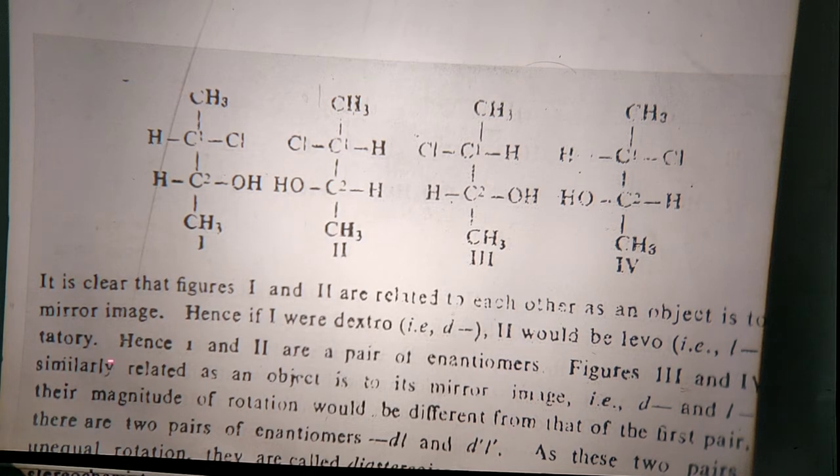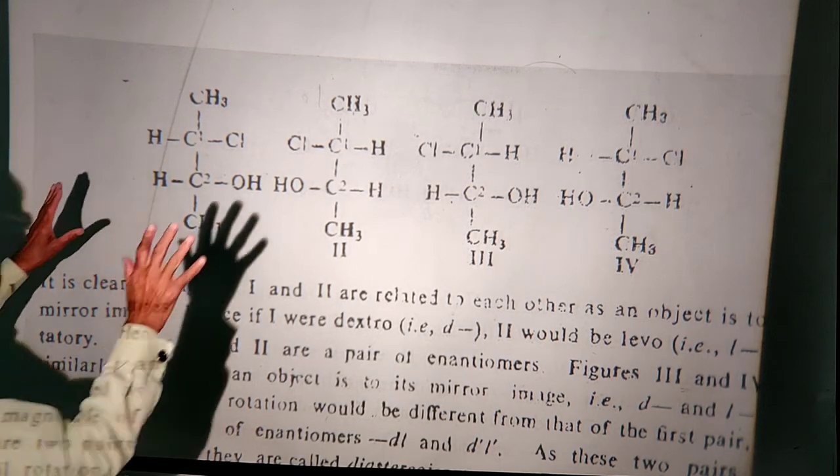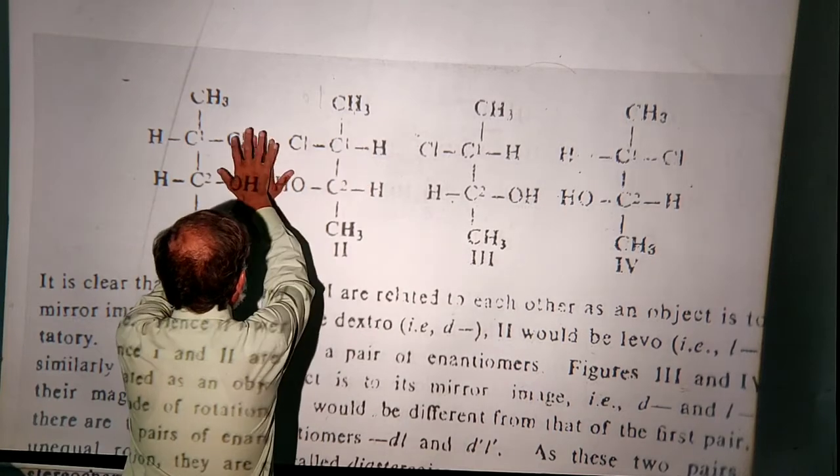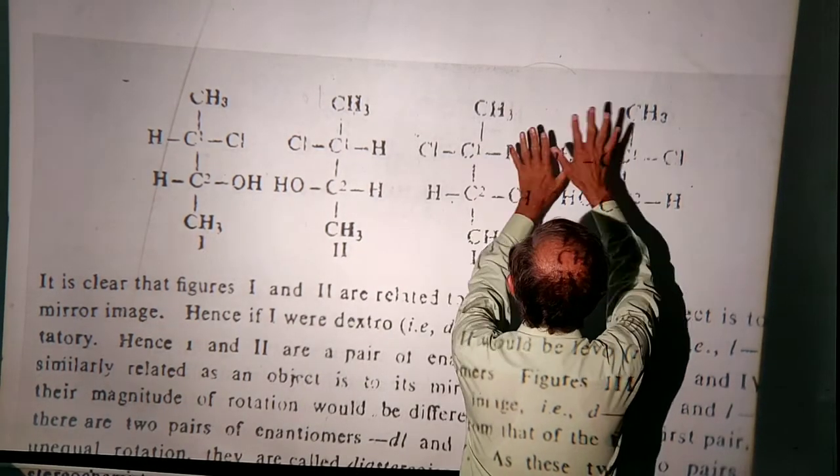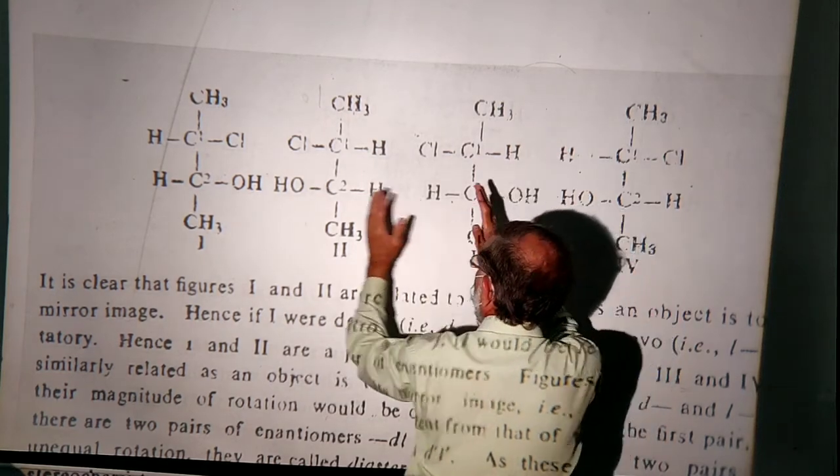Figures 3 and 4 are similarly related as object and its mirror image, that is D and L. Their magnitude of rotation would be different from that of the first pair. There are two pairs of enantiomers. This is one pair of enantiomers, and another is this one pair of enantiomers.